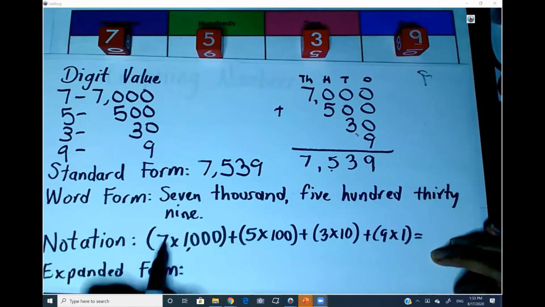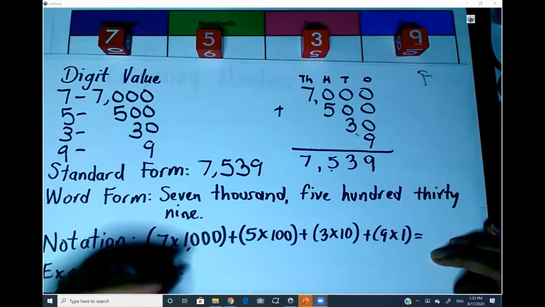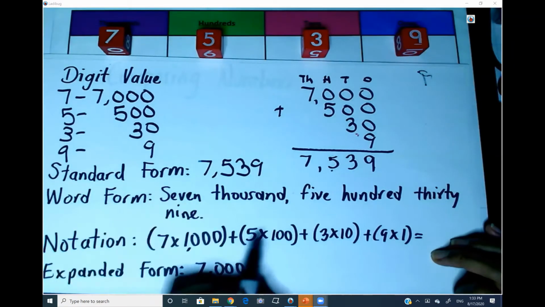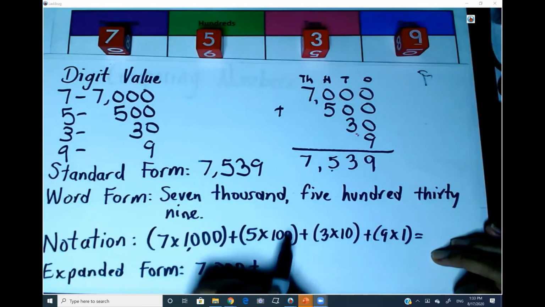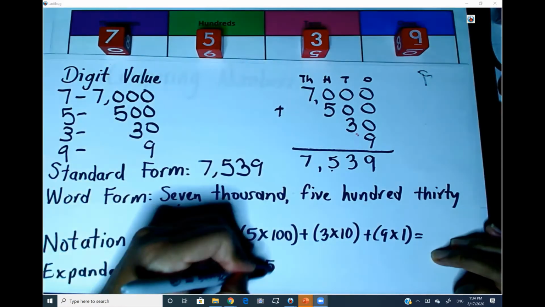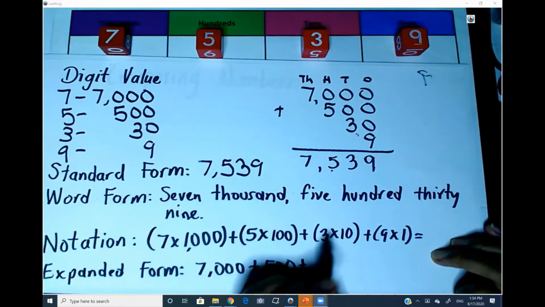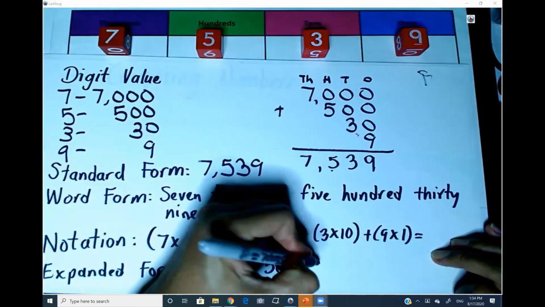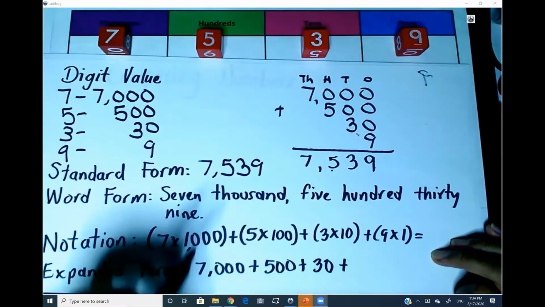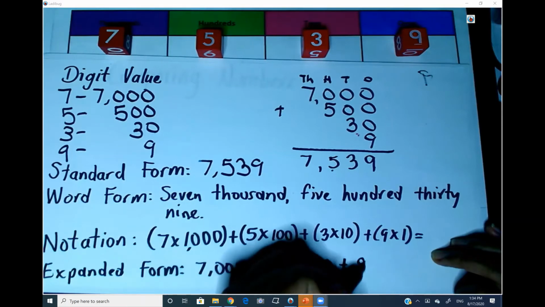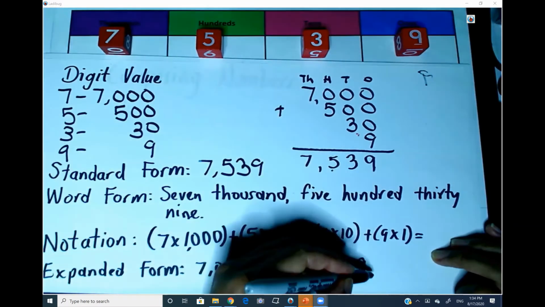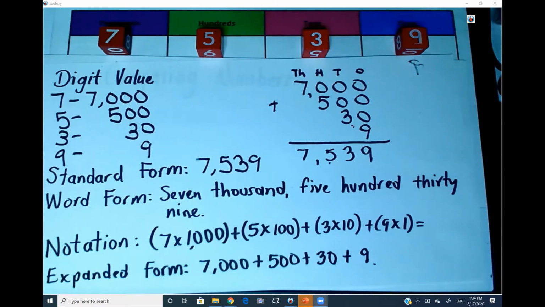So if I do 7 times 1,000, the answer is 7,000, plus 5 times 100 is going to be 500, plus 3 times 10 is going to be 30, plus 9 times 1 is going to be 9, which is the value here. So if you know, we're doing the same thing in different ways. So this is the first part that we're going to recall.